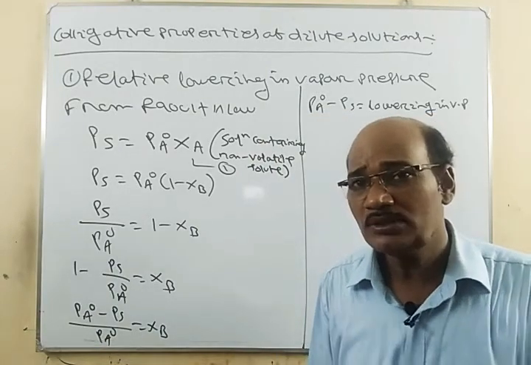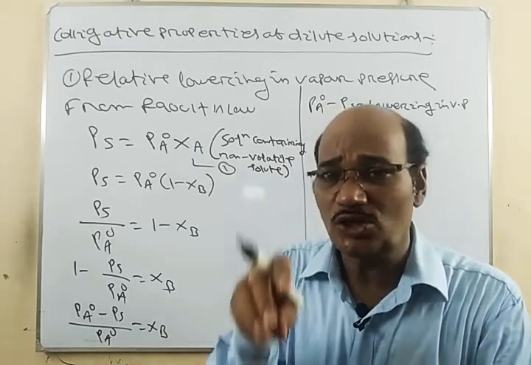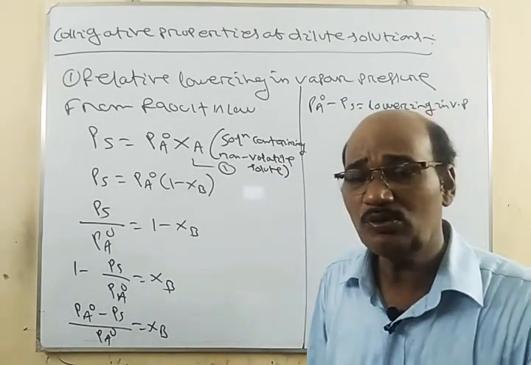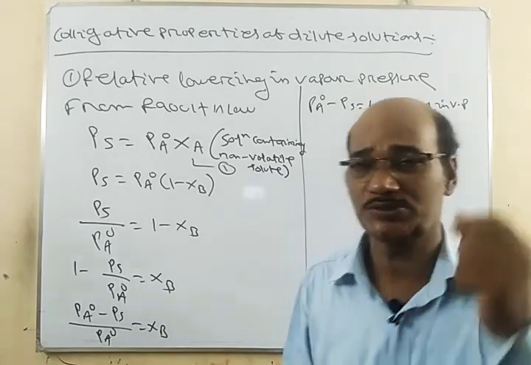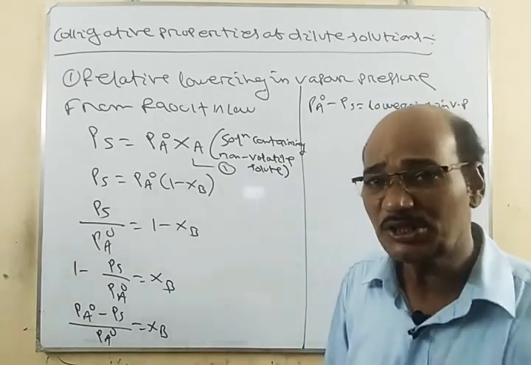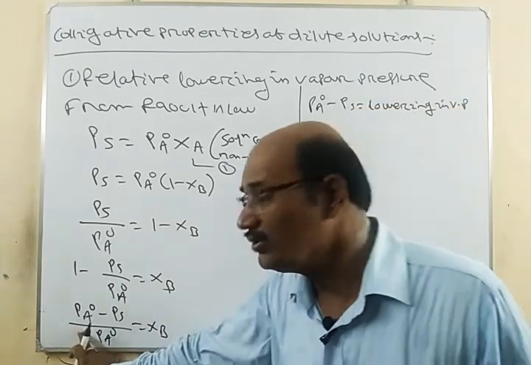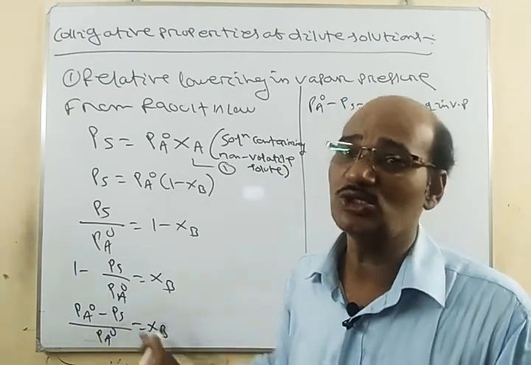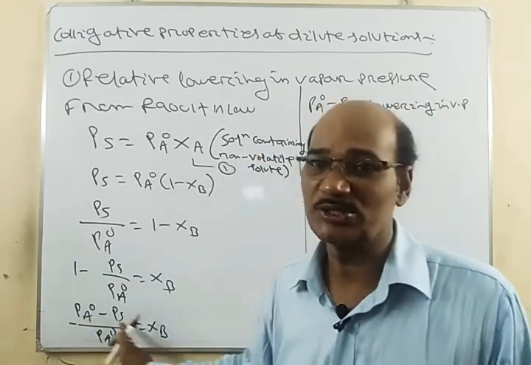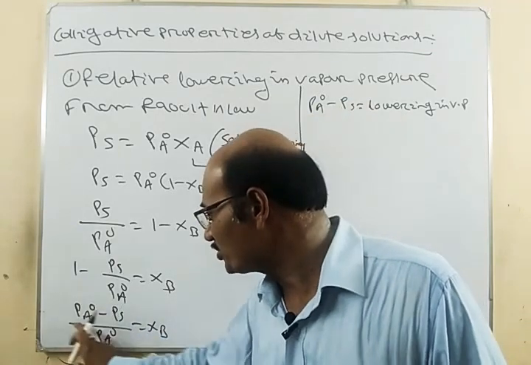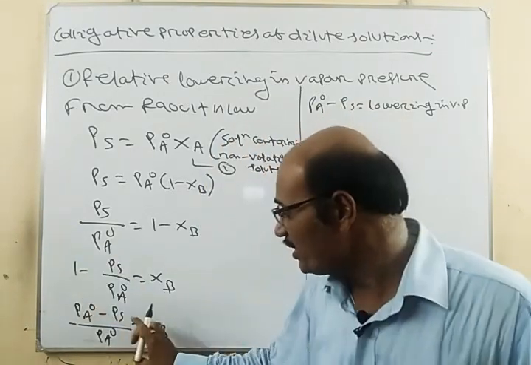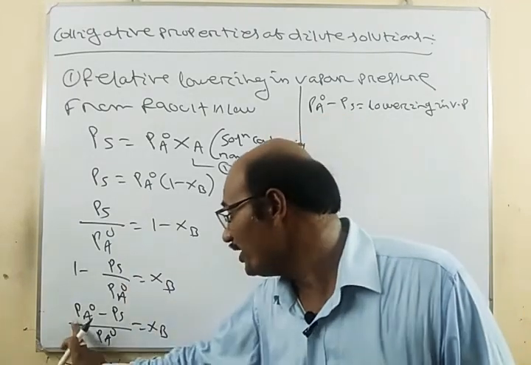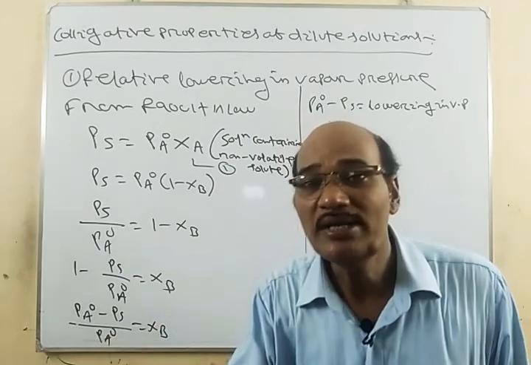because PA0 is the vapor pressure of pure solvent. Already I have told you that whenever we add solute to the solvent, the vapor pressure of the solution becomes less. It is decreasing. How much is it decreasing? Vapor pressure of solvent minus whatever pressure we now have in the solution. PA0 is the initial pressure of the pure solvent and PS is the final pressure of the solution. So after adding the solute, PA0 minus PS is the lowering in vapor pressure.